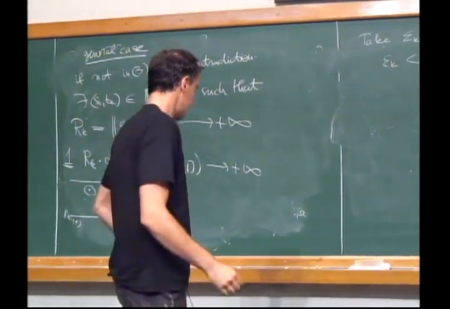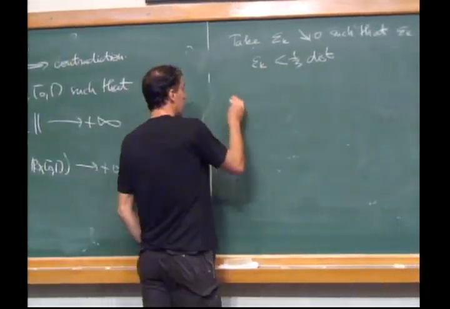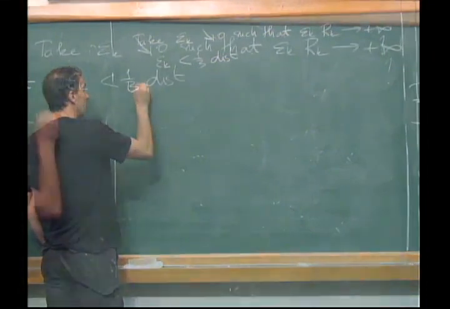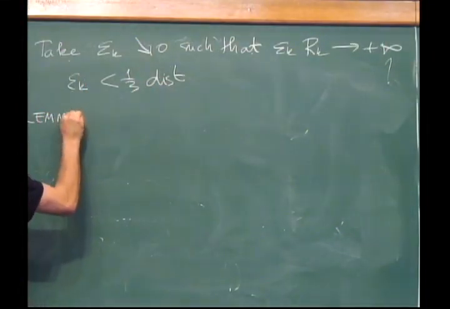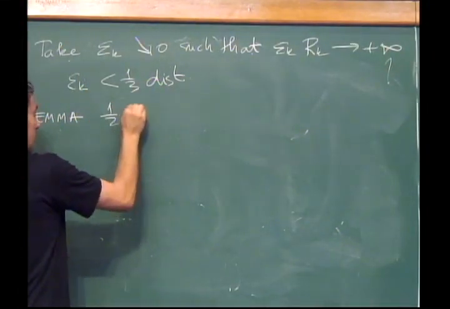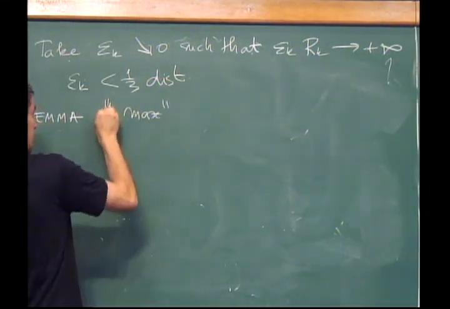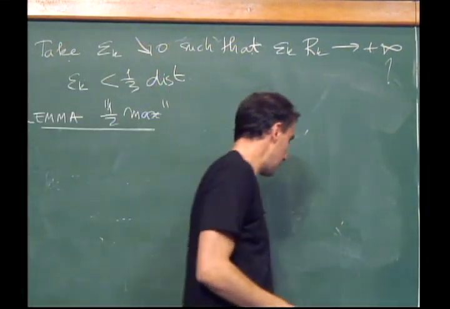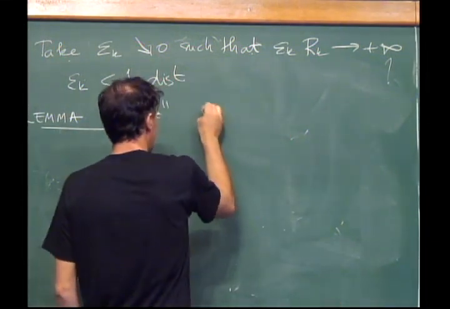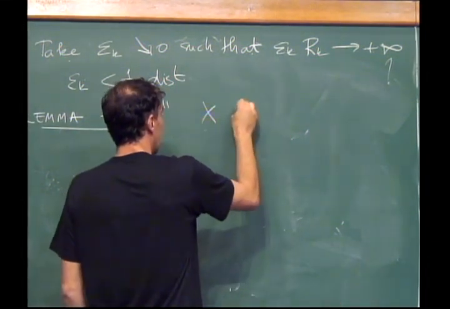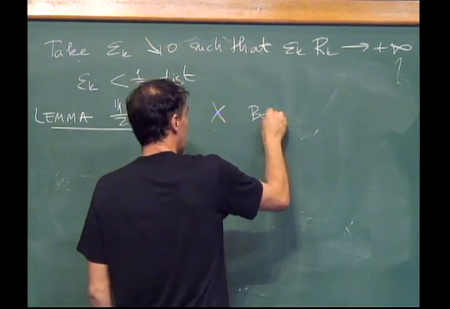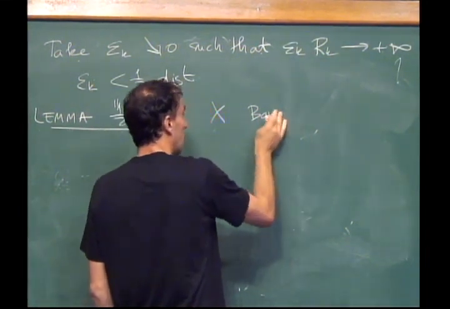And now you should apply the very beautiful abstract lemma, which is called the half maximum lemma. This lemma goes like this. Take X a Banach space, say, a complete metric space.